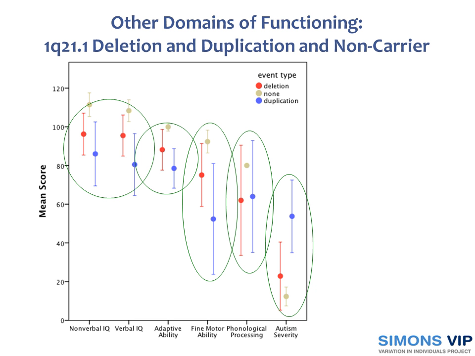Now, the other domain we looked at was autism severity. So this is the final green circle here, the far right column. To orient you to autism severity, the way this score is calibrated is kind of the reverse of what we've been talking about. A higher score means the greater the autism severity, the greater the challenge.